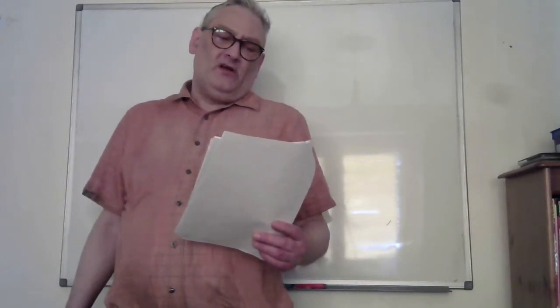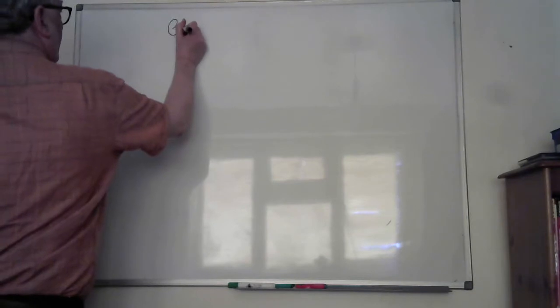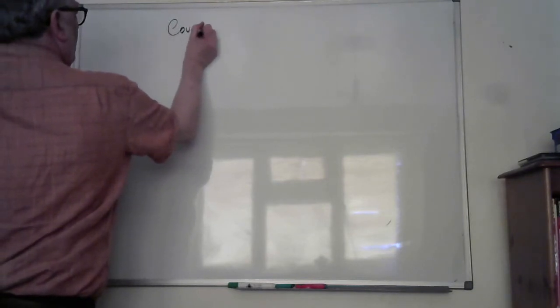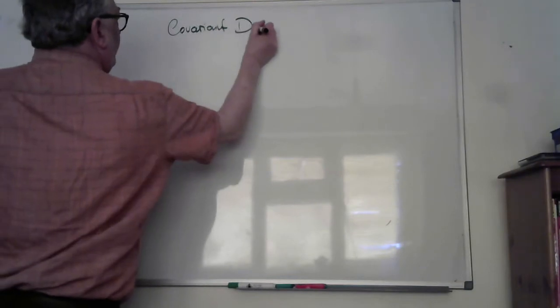Now, in Part 2, this is basically just a recap. In Part 2, we looked at the covariant derivative, and I'll just remind you what the covariant derivative is. So if I write that down, covariant derivative.